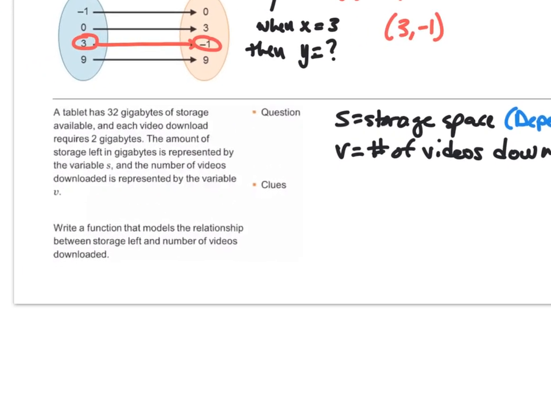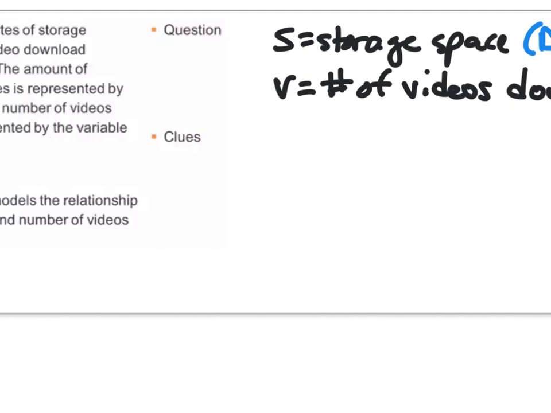Then it says write a function that models the relationship between the storage left and the number of videos downloaded. So I'm going to say this. My storage space S is equal to, I start off with 32. I have that constant, that's what I start with, 32.